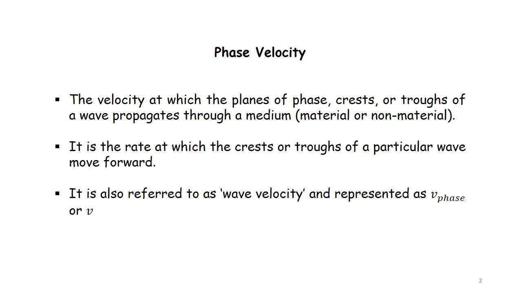If you take a particular wave, the velocity at which such a wave propagates, with a one-dimensional, two or three-dimensional wave, the velocity with which this particular wave propagates is called the phase velocity, and it's also referred to as the wave velocity or wave speed.